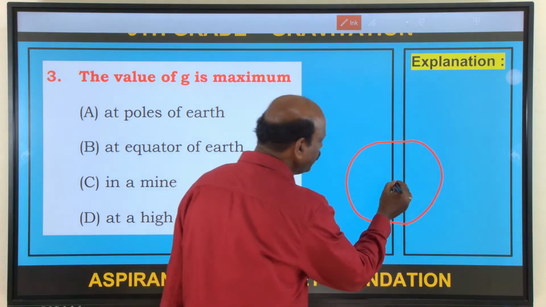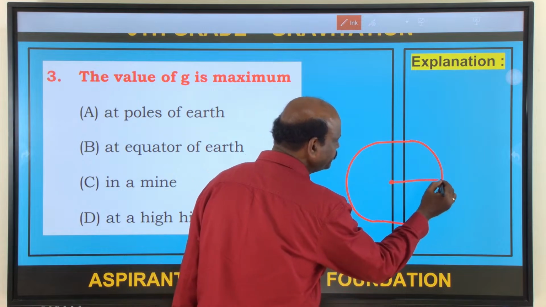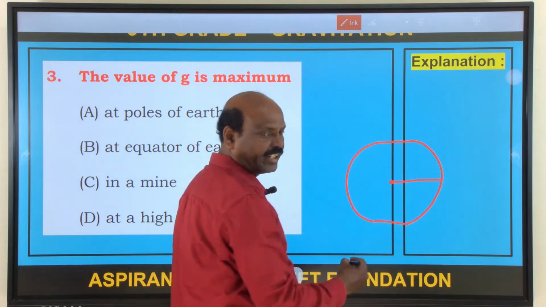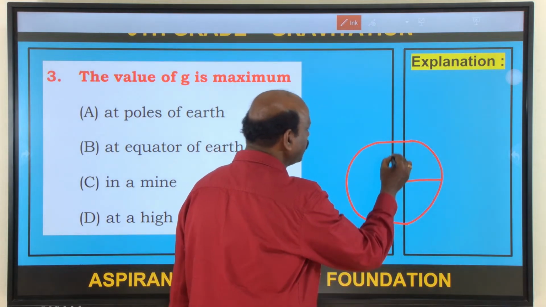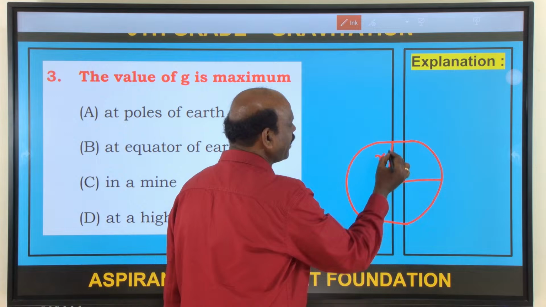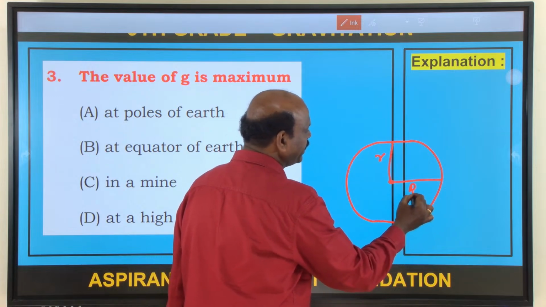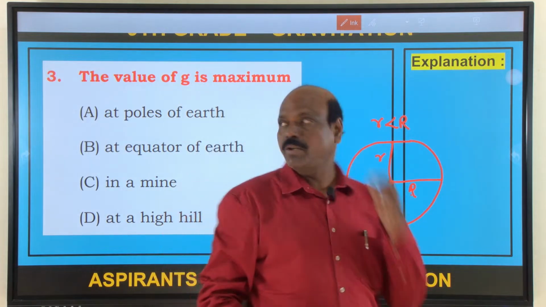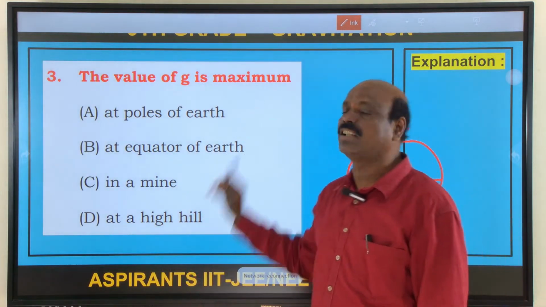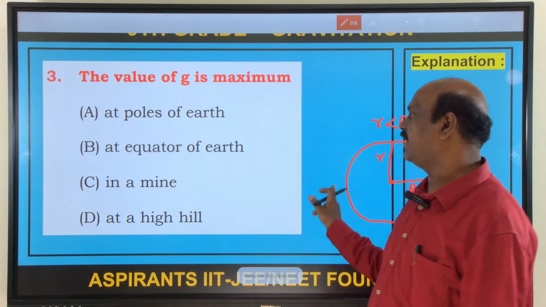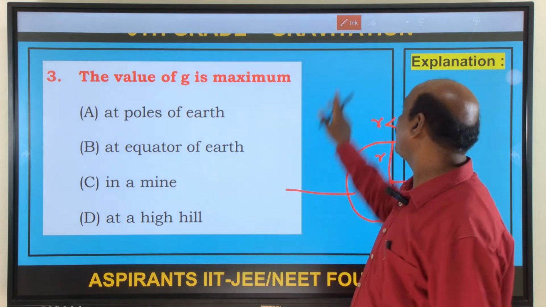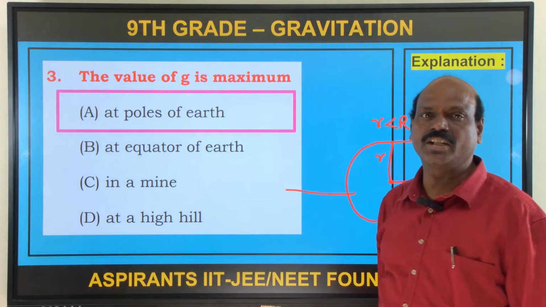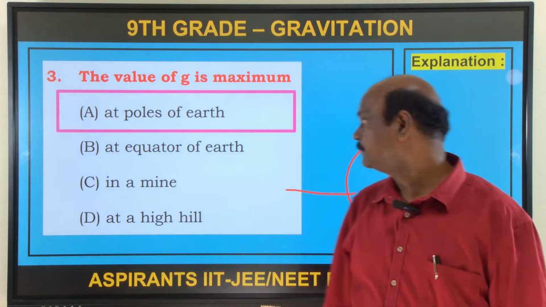Due to that, the radius from the center of the earth to the poles is less than the radius at the equator. So we notice a slight change in the acceleration due to gravity. So it is maximum at the poles.